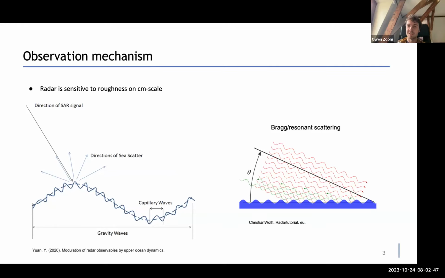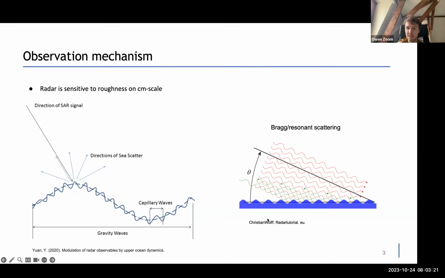So at risk of repeating what everyone here knows, I'd like to briefly mention that the radar is sensitive to roughness on the scale of the wavelength of the radio wave, which is approximately a centimeter scale. So if we have the ocean surface with the larger waves, it is the smaller waves which are the dominant source of reflection back to our observing tool, our SAR system.